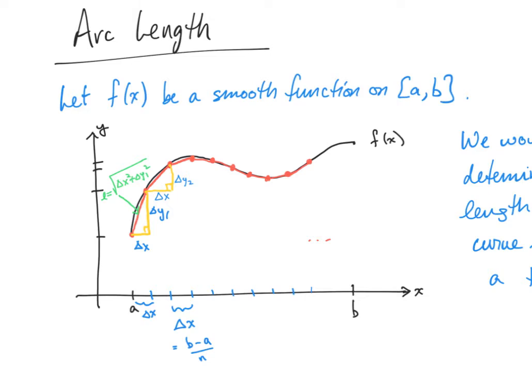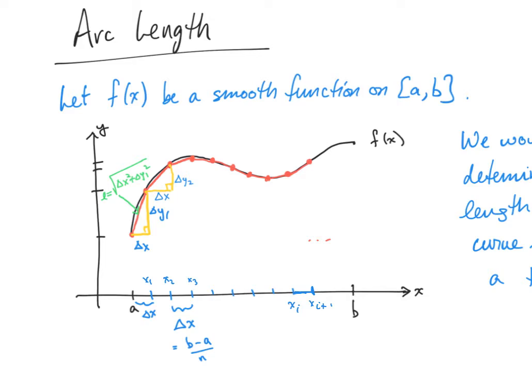And in general, if I'm thinking of this as x1, x2, x3, and so on, I have my ith subinterval, which has endpoints xi and xi plus 1.